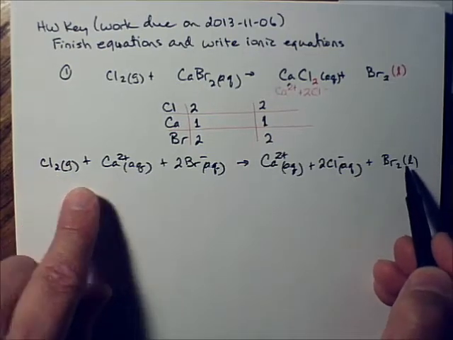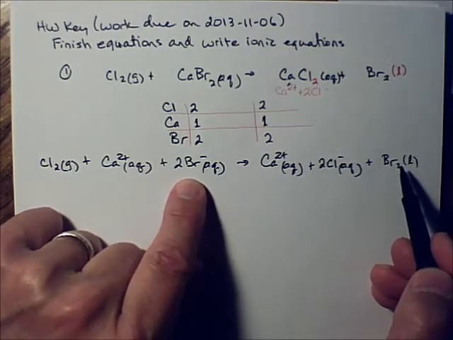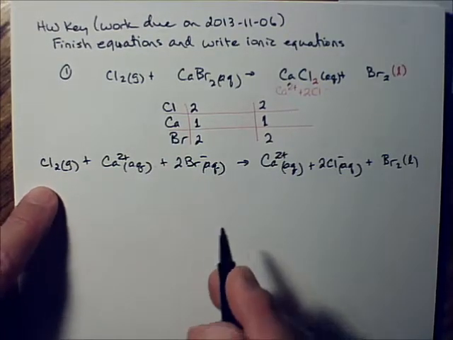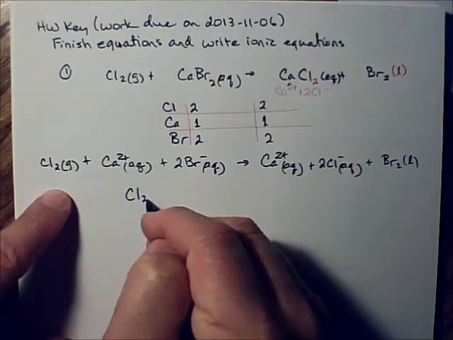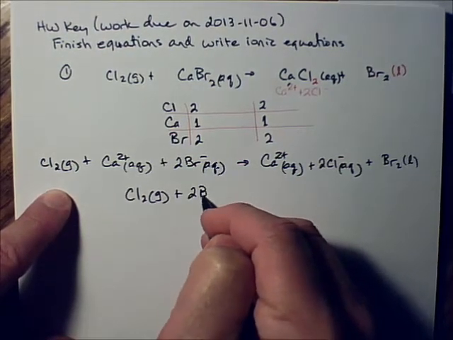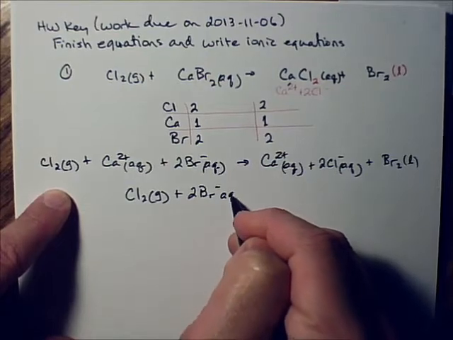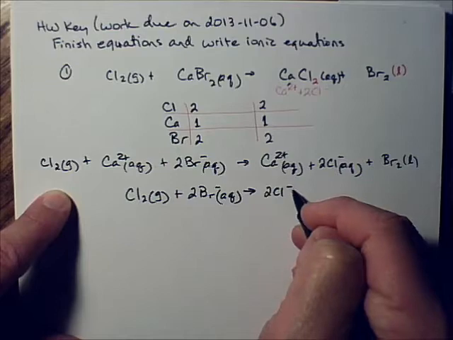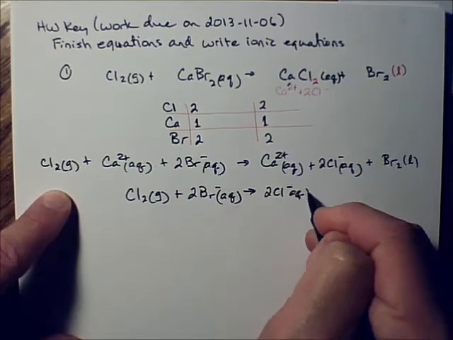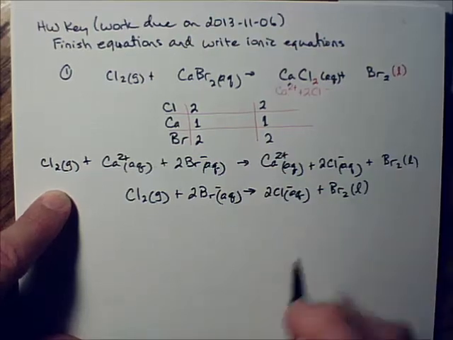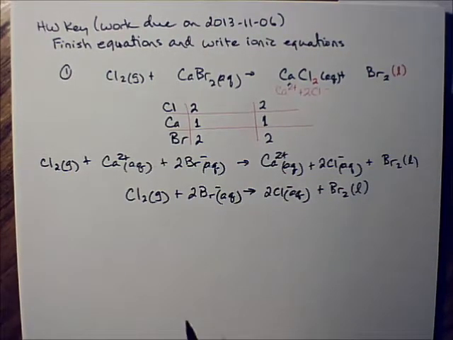Bromine is a molecule over here, and over here is 2 ions. So it's 2 separate things. The chlorine and the bromine we keep in the net ionic equation. And that's the net ionic equation.